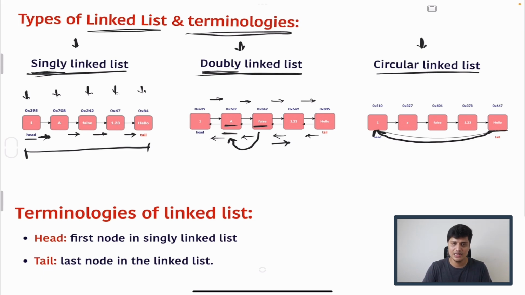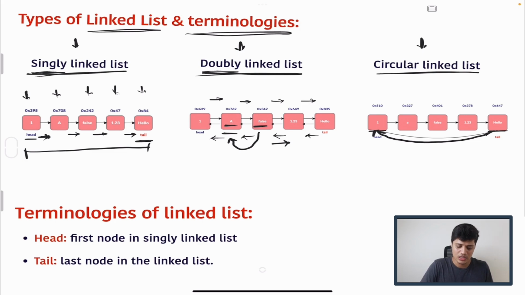That's why we call it a circular linked list. Whereas in the case of singly linked list and doubly linked list, once we reach the last value, there is no connection, which basically means there are no more values. But when it comes to circular linked list, the last value has a connection to the very first value in that linked list.